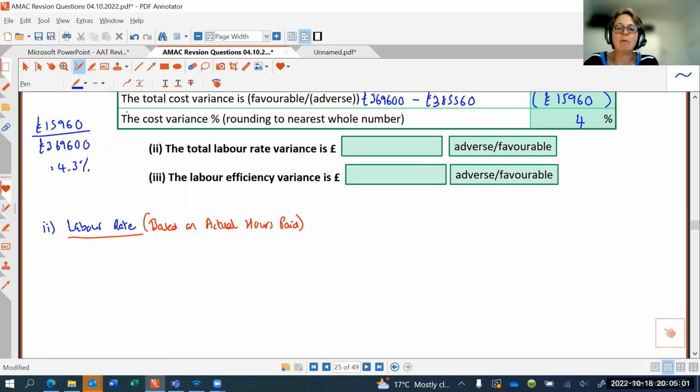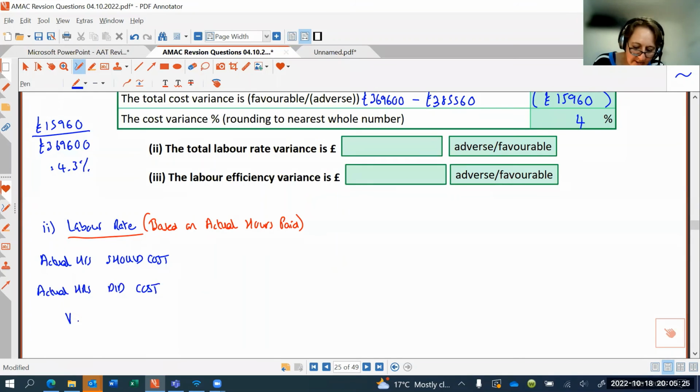You are buying hours from your staff. So I want to know how many hours I bought from the staff, what they should cost and what they did cost. I start getting the variance together. Actual hours should cost. Actual hours did cost. Then that will give us a variance. It's already in money.